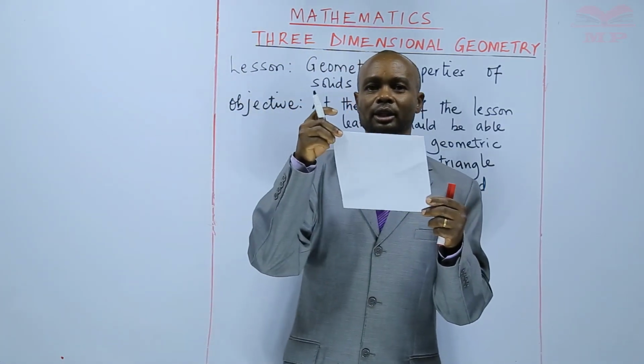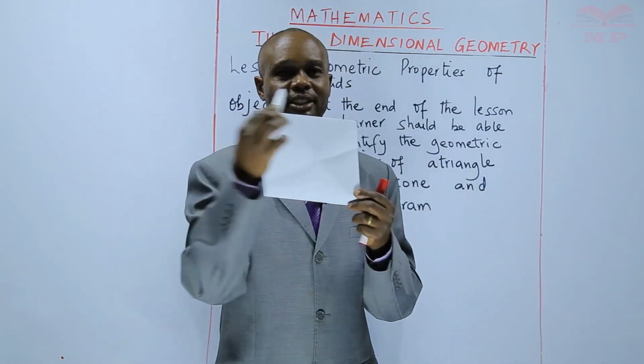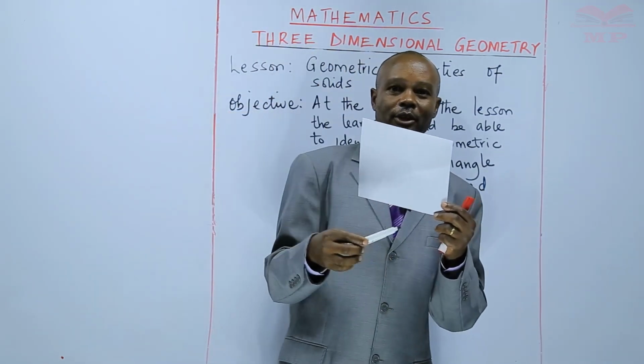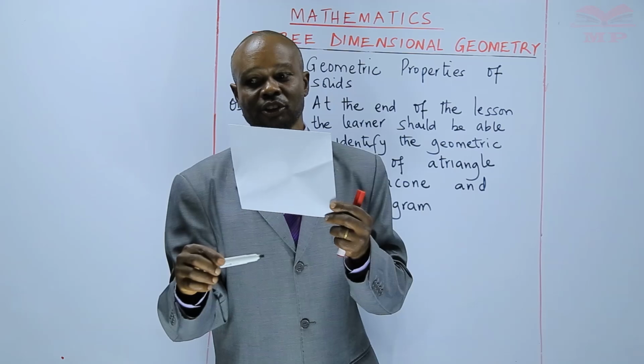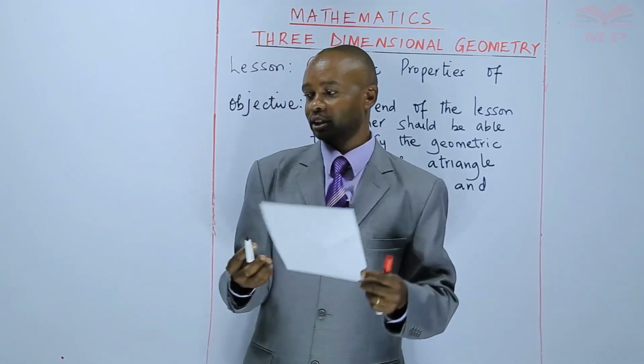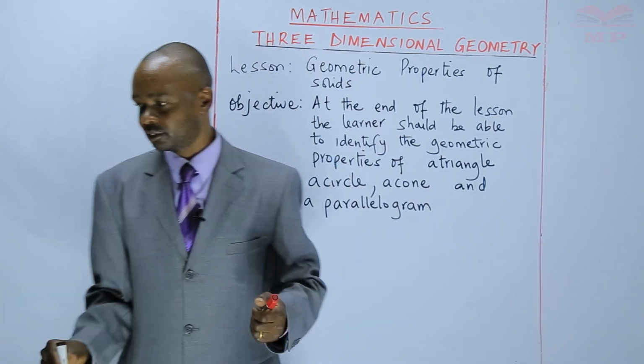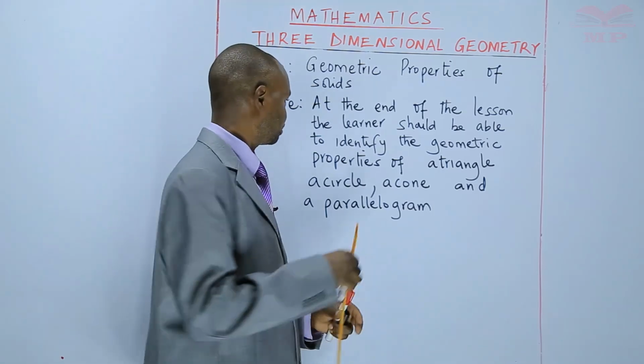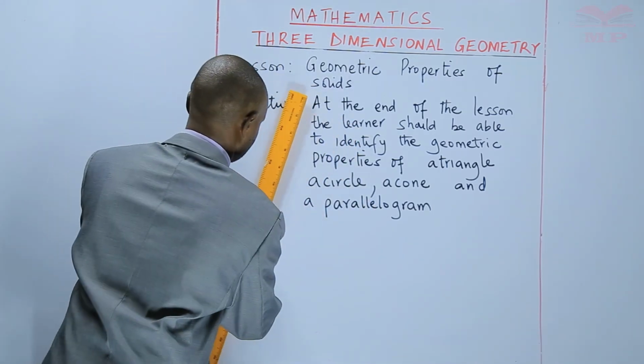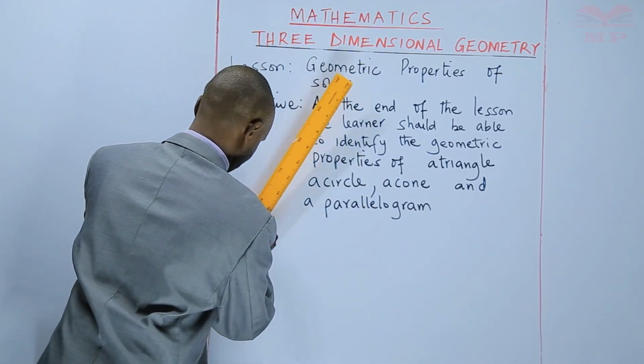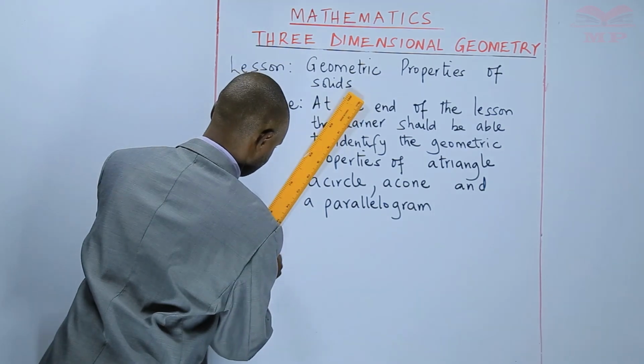I told you when we are learning this, have an idea of having it in real life, where you can have a plain metal sheet or a piece of wood looking like that. So we have a triangle. In this case, I'll use an equilateral triangle.